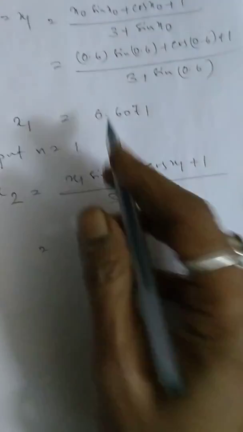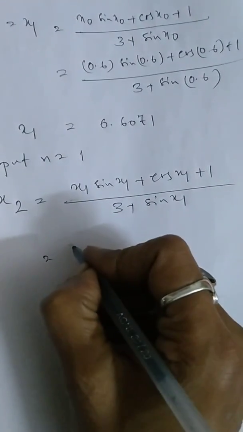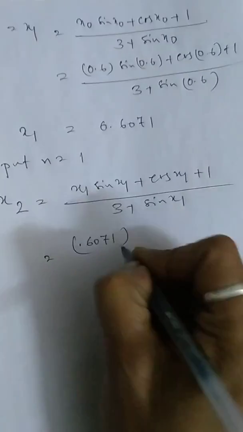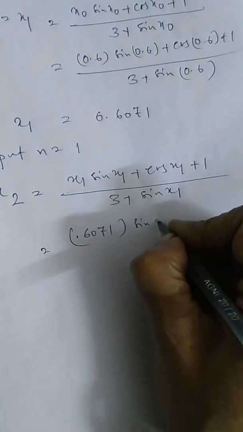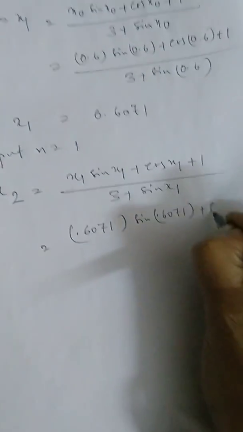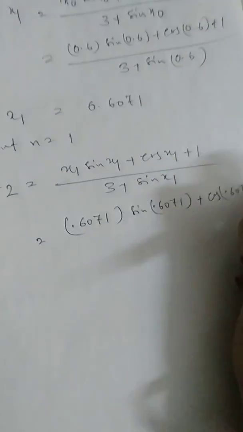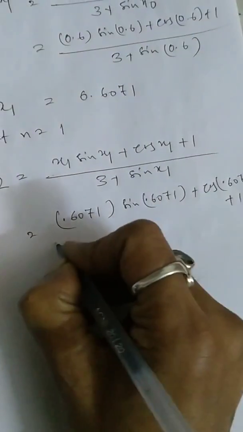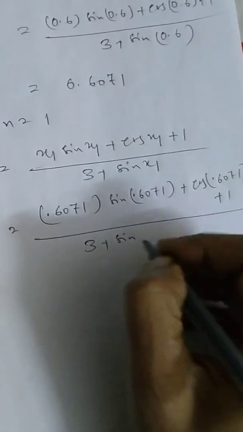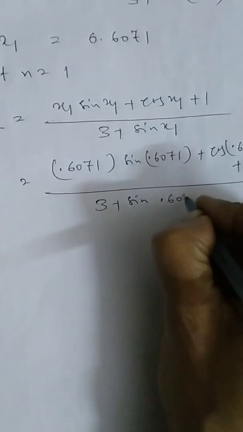We get x1 over here as 0.6071. So directly we put 0.6071 sine of 0.6071 plus cos of 0.6071 plus 1 divided by 3 plus sine of 0.6071.